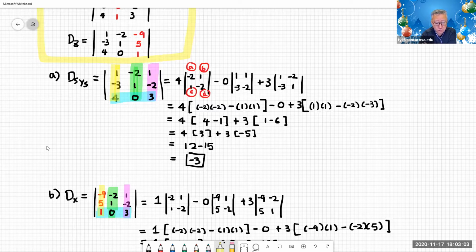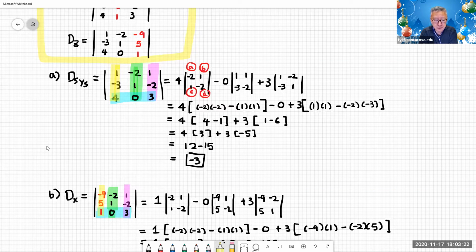So once you select your row or column as your pivot, you are going to go through each column or each row, and then select the entries for your 2 by 2 matrix.